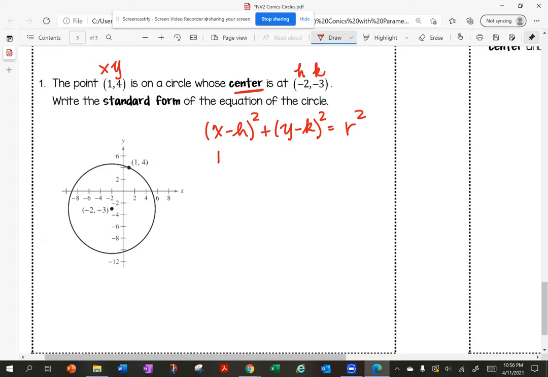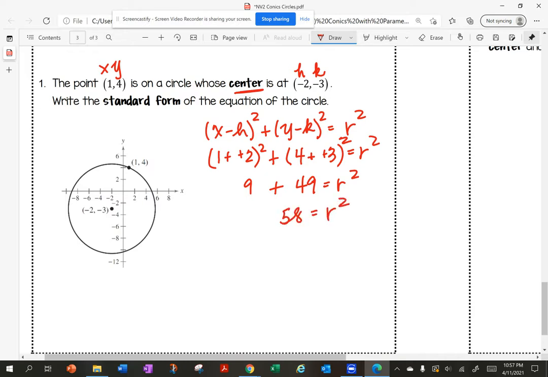So x is 1, h is -2, quantity squared, y is 4, and k is -3, quantity squared. And minus a negative becomes a plus. So I'm adding, so 3 squared is 9. That's 4 plus 3 is 7. Squared is 49. Equals r squared. 9 plus 49 is 58 equals r squared.